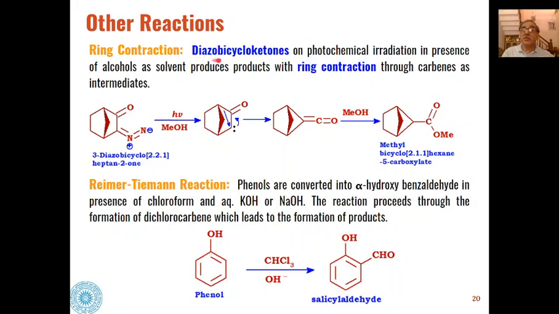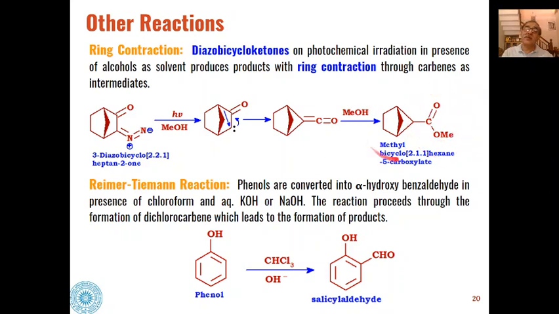So diazo bicycloketones, these types of ketones, 3-diazo bicyclo 2,2,1 heptan-2-one, when photochemical irradiation of this diazo compound in methanol is done with the removal of one molecule of nitrogen from here, this type of carbene is generated, and then this undergoes rearrangement through ring opening at this place to give us these types of ketenes through ring contraction reaction, and these ketenes then undergo reaction with the solvent, that is methanol, to give us esters as the product.